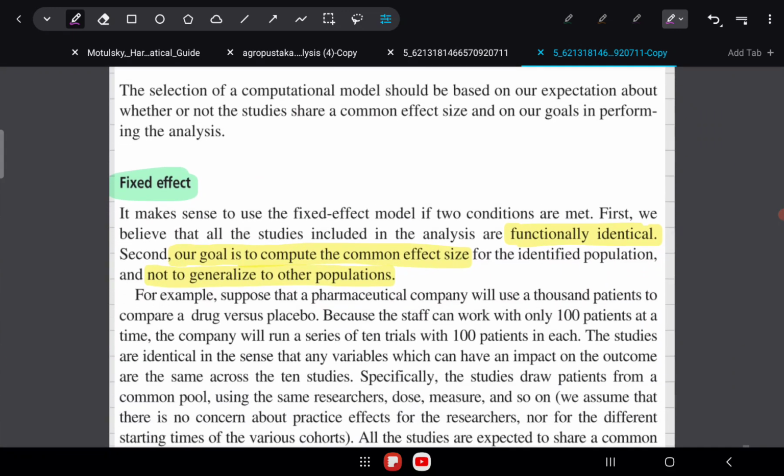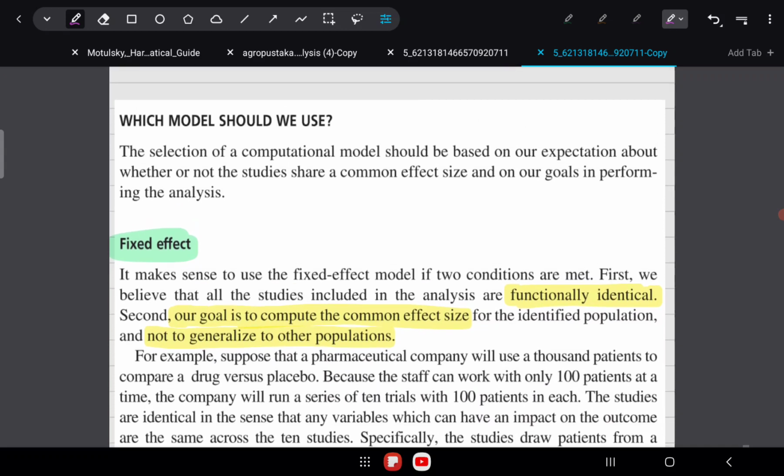Then we come to a very important question: which model should we use? The decision on which model to use should depend on the goal of the study and your expectations regarding the distribution of effect size across the studies that you have collected through systematic review.